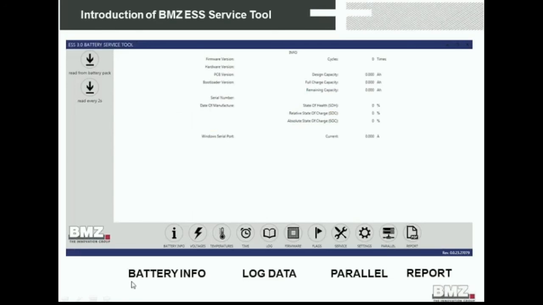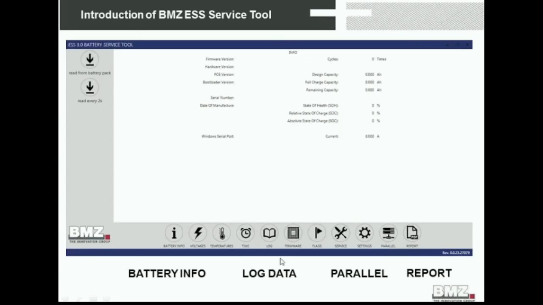You see firmware version, hardware version, PCB version, bootloader version, serial number, date of manufacture, how many cycles, what is the design capacity, full charge capacity, state of health, state of charge, and the actual current which is flowing. When you go to that point, you can download all data stored so far.